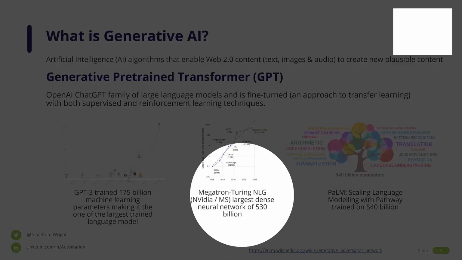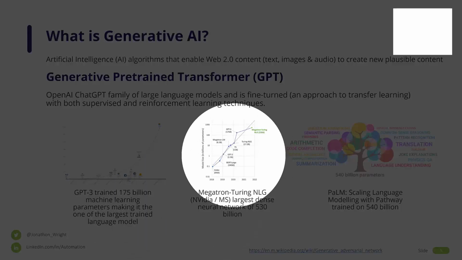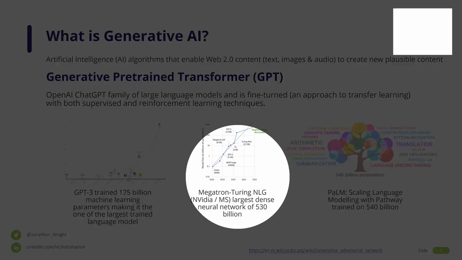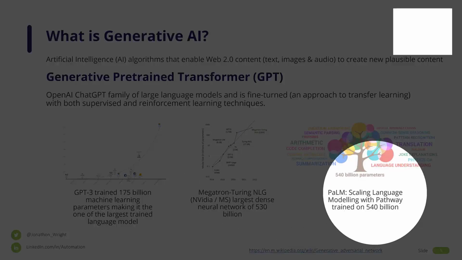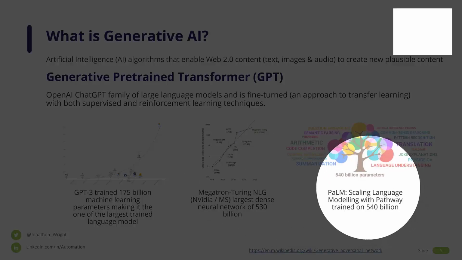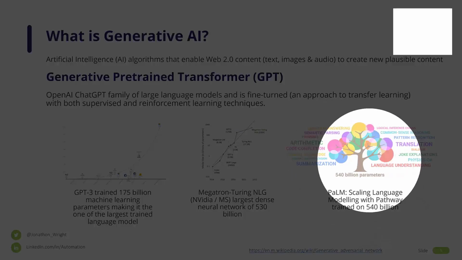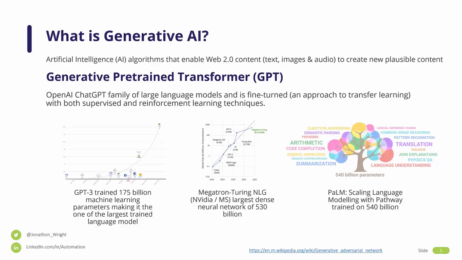It's still going to be less than Megatron, which I think is a slightly badly named product, which replaced the Turing capability, which Microsoft already had. And then, of course, PaLM, which is only another 10 billion of transactions, has managed to really take the record for the most amount of pre-trained generative transformer. So it gives you a lot of core capabilities.